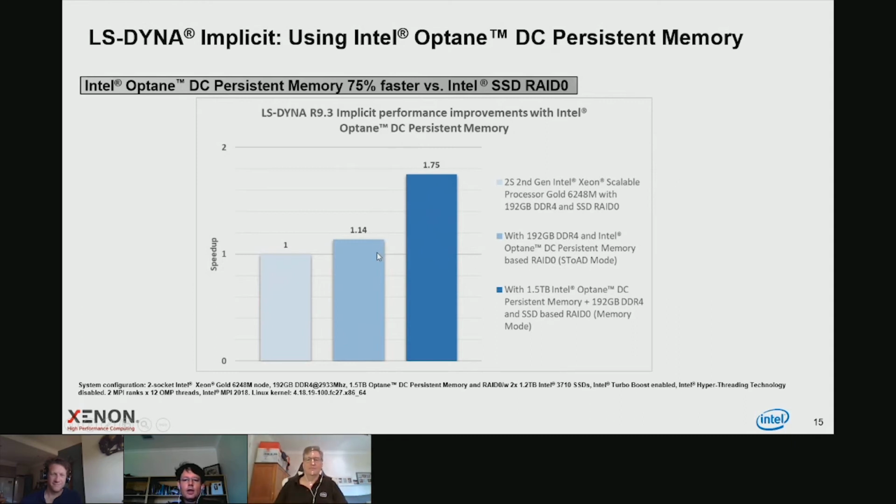However, when for this benchmark the Optane modules were switched into memory mode, instead of just 192 gigabytes of memory, we had 1.5 terabytes of effective memory available to the system. And so this LS-DYNA run for that specific model got a speed up of about 75%, so 1.75 versus the original run without any persistent memory.